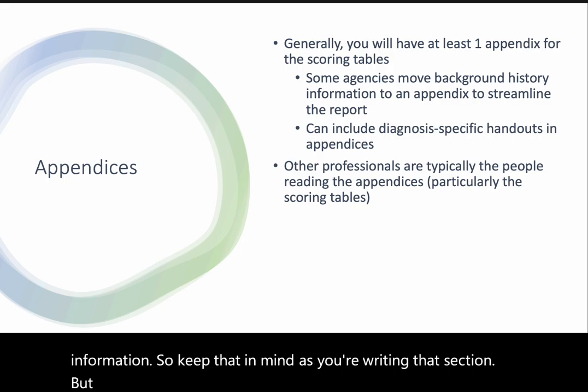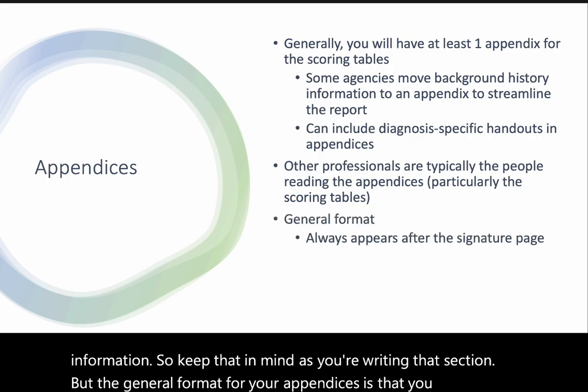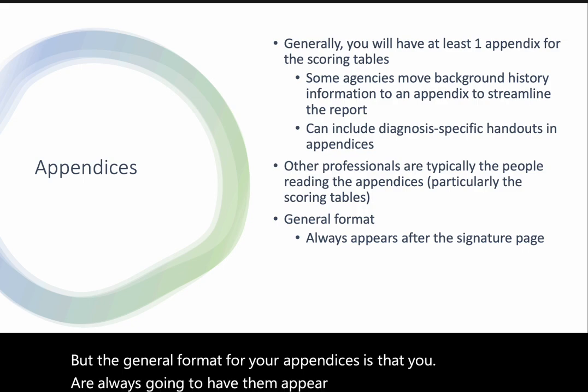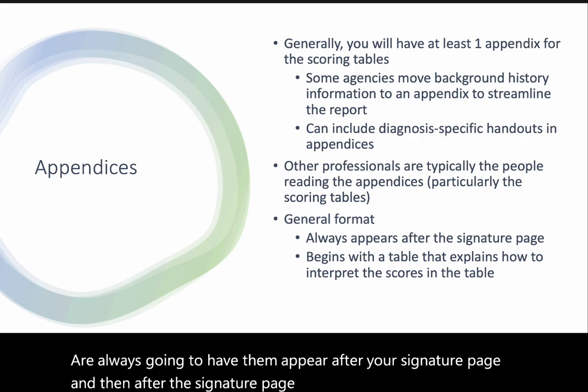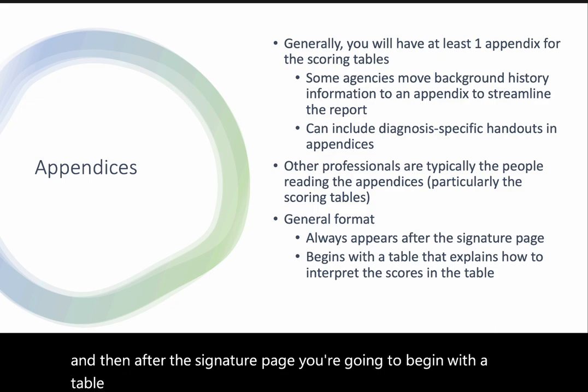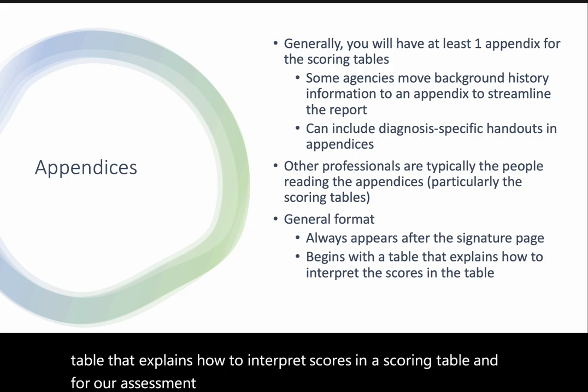But the general format for your appendices is that you are always going to have them appear after your signature page. And then after the signature page, you're going to begin with a table that explains how to interpret scores in a scoring table. And for our assessment, we are only putting the scoring tables in the appendices.